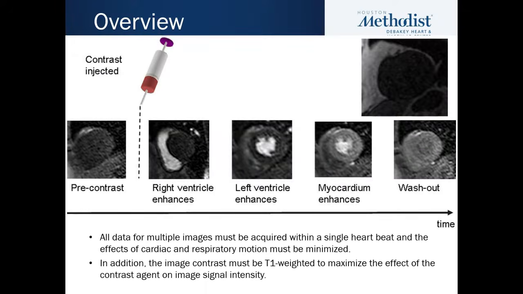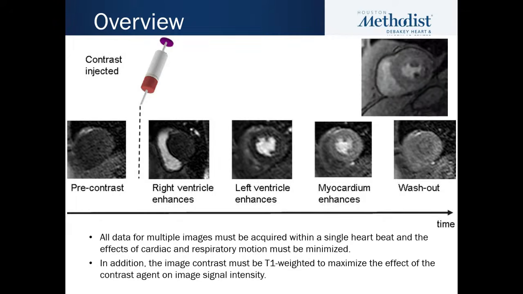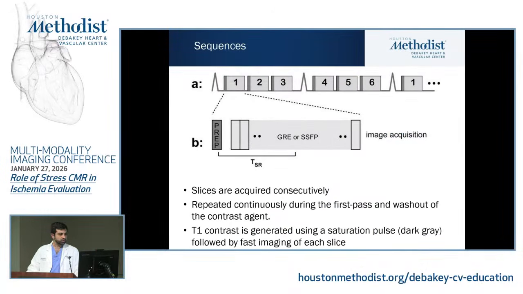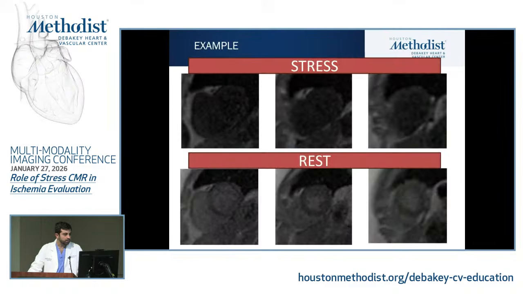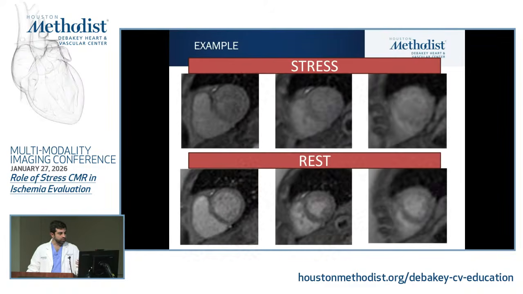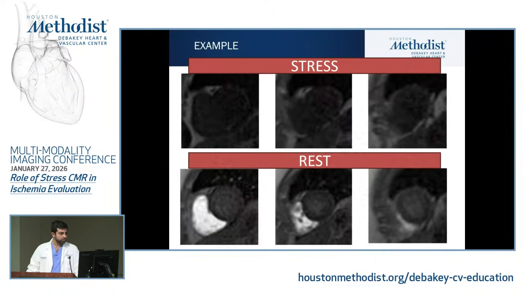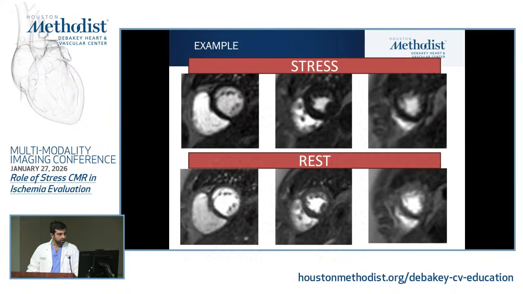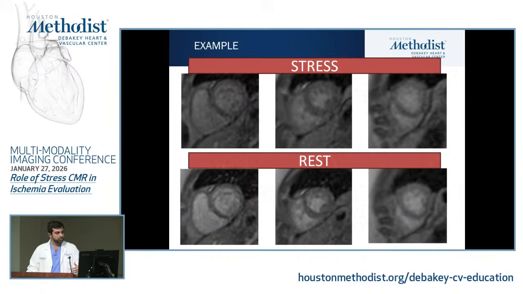So if you're acquiring at a frame rate of, I'm going to show you 8 images, well, you're not going to show that nice temporal resolution of the bolus getting into the LV, and obviously you can miss things as a result. So this is optimized to get fast imaging done. And then when it comes to the actual sequences, we'll focus more of that in our MRI conferences. But I think for general cardiology conferences, this is kind of what you usually see.